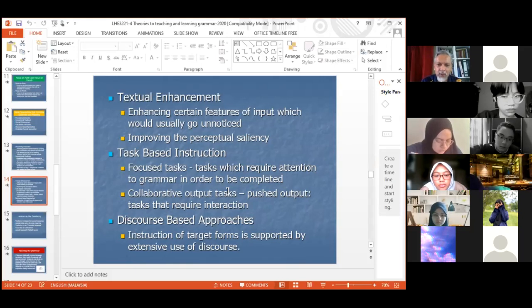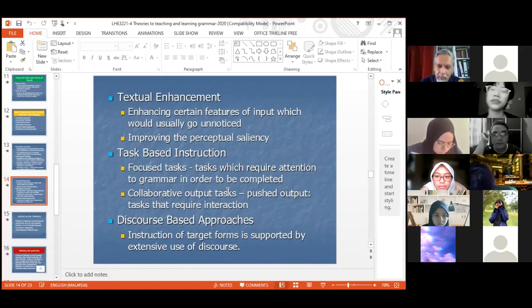And also you have collaborative output tasks that require interaction. Okay, where the student will have to interact with other people and get things done. And some people talk about pushed output.